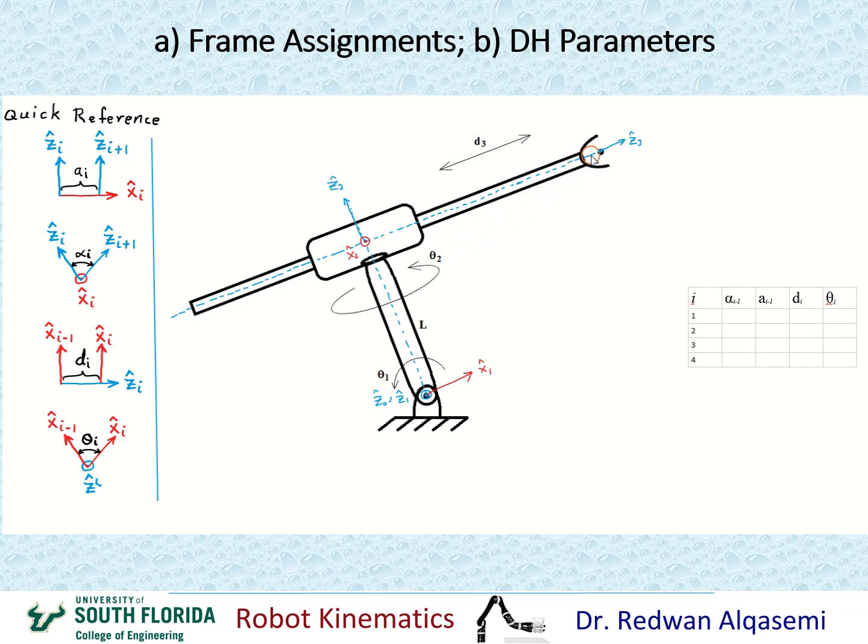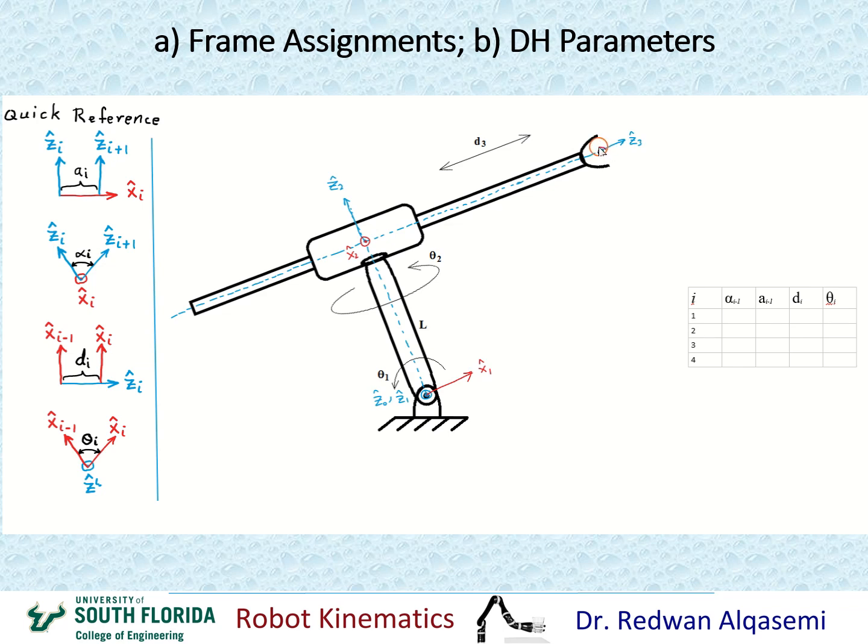All right, and then for x3, it has to be perpendicular to z3. I don't have z4, so I can take it anywhere on this line as long as it's perpendicular to the line. But to make my calculations easier, it's always better to take it the same direction as x2. So I'm going to put my x3 here.